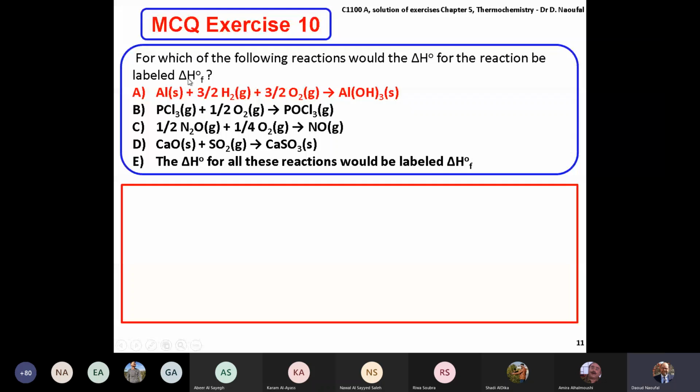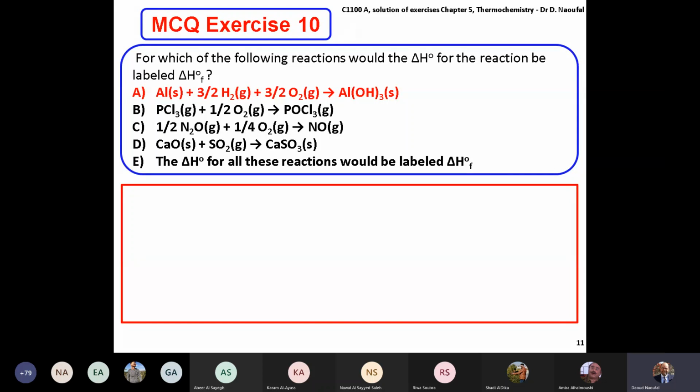By definition, the enthalpy of formation of a substance is the energy exchanged. It may be positive or negative. It depends on the substance. So it is the energy exchanged to form 1 mole of the substance from its simple elements at the standard state.